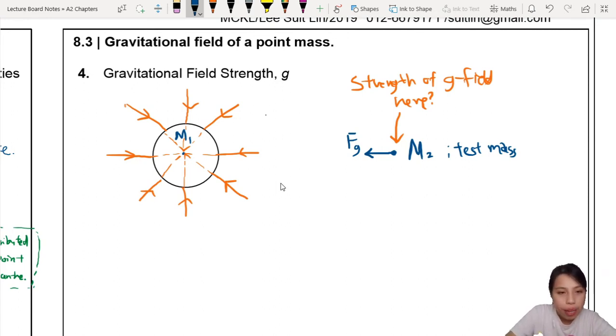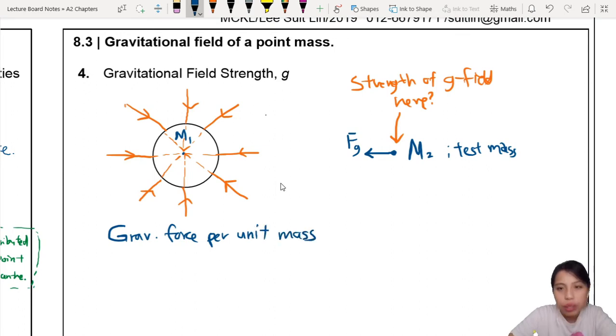So let's say we use the gravitational force per unit mass and use that to define our gravitational field strength. If you're wondering, Miss, where does this come from? Last time you already did F equals QE, right? Then F over Q is your electric field strength.